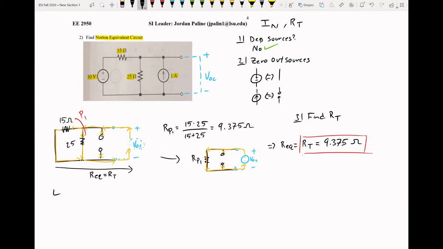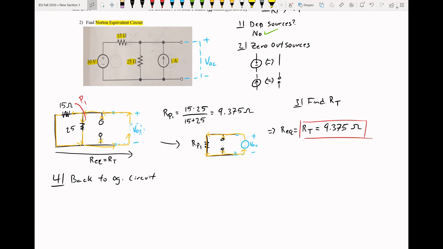Okay, step 4, back to the original circuit. And if we had plus minus 10 volts, 1 amp, 25 ohms, and 15 ohms.